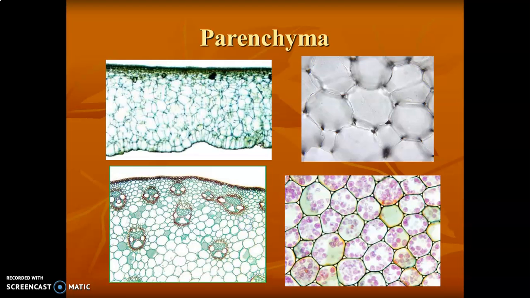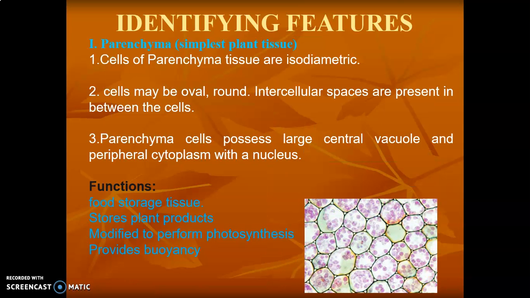So our first tissue type is parenchyma tissue. If you do not stain the specimen and you see it under the bright field microscope, the parenchyma tissue looks like this, and if you give a specific stain to the plant specimen, the parenchyma tissue looks like this, a colored one.